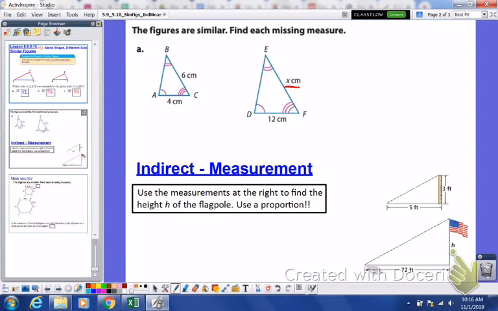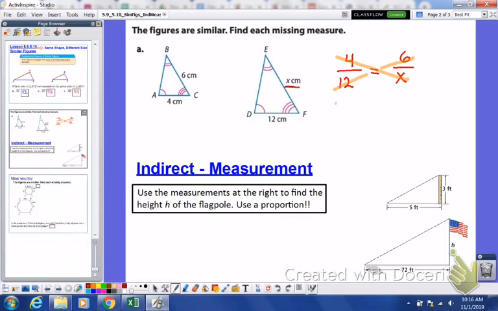So we want to set up a proportion. My 4 centimeters would match up with my 12 centimeters, so 4 over 12 equals. Now since I started my numerator in that triangle, I also have to have my numerator from this triangle on the other side. So 6 would match up with my X. And just like always, we're going to cross multiply.